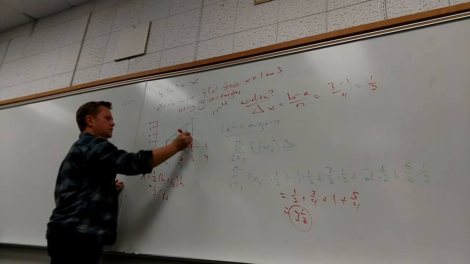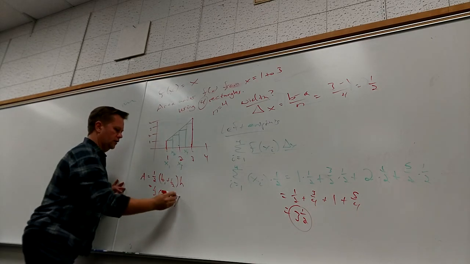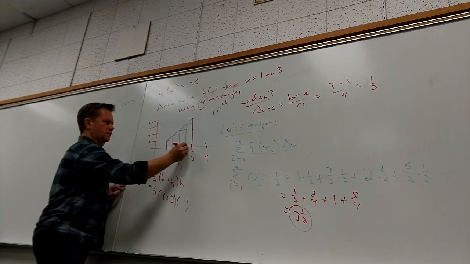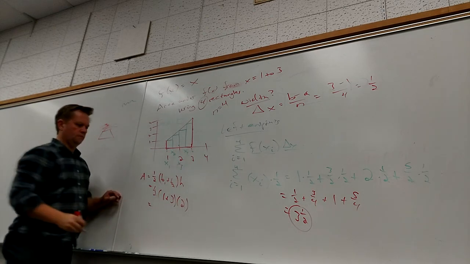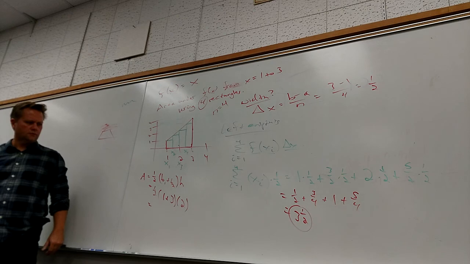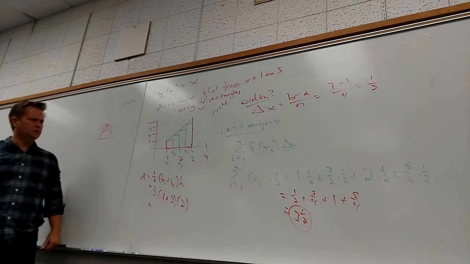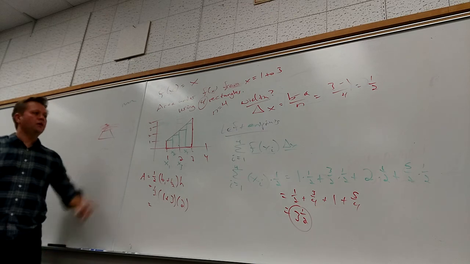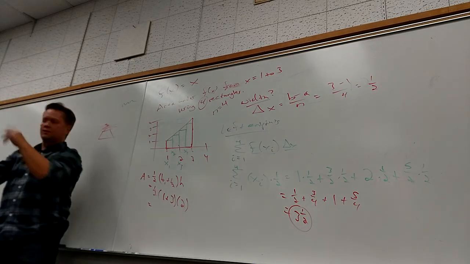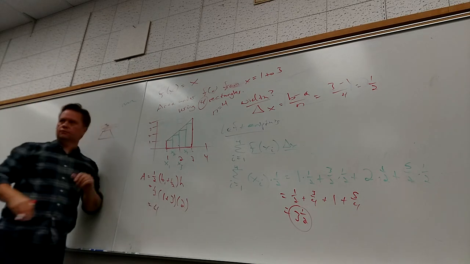How long is this base? 3. And now the height, 2. I get 4. That's bad. What happened to me? Oh yeah, I'm being silly, we haven't halved it. This is the actual answer, right?